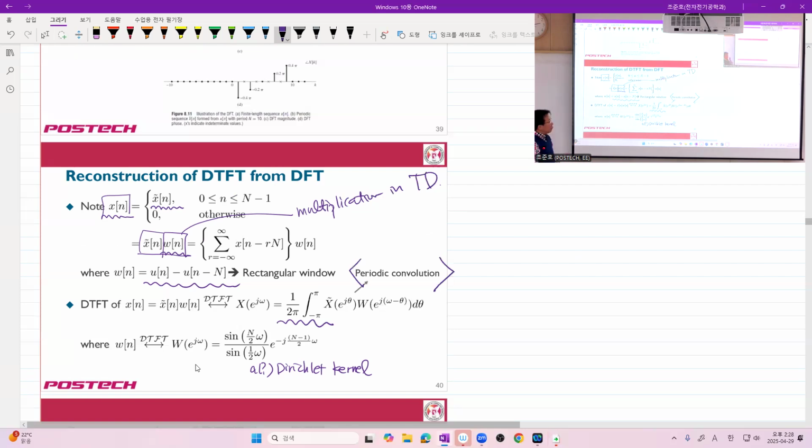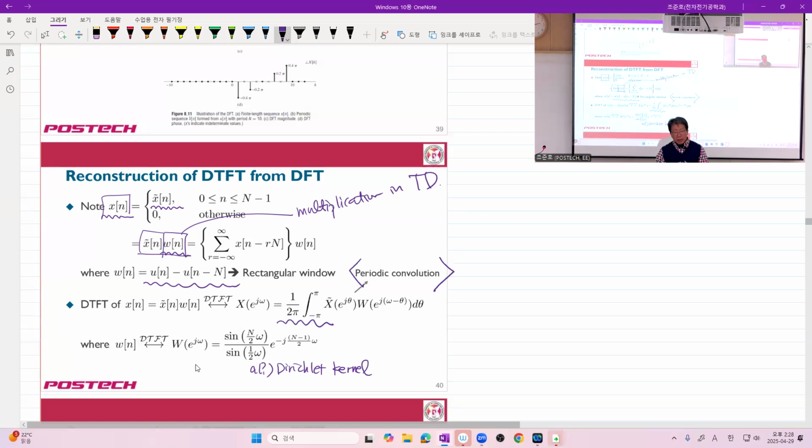So in the frequency domain, you perform periodic convolution of two signals, which is the DTFT of this first vector and DTFT of the second vector. And we assume this window function a rectangular function. However, there are many possible window functions, not necessarily rectangular.